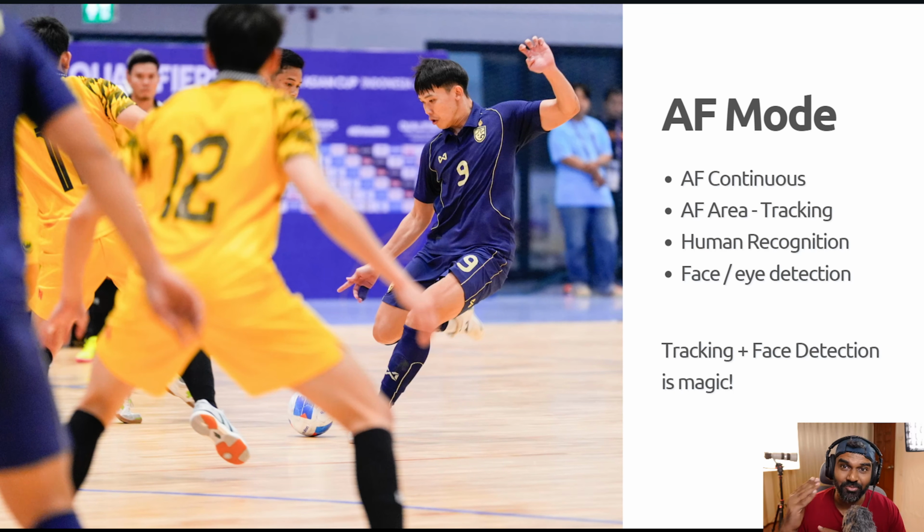Now it will identify the face, and it right away goes to the player's eyes and starts to track the eye, not the player, not the ball. It starts to track the eye of the player I'm tracking, and that's fantastic. All right, that's amazing. That's something I find magic when it comes to the Sony autofocus, and it happened time and again during the entire second match, and I was so happy with the results.